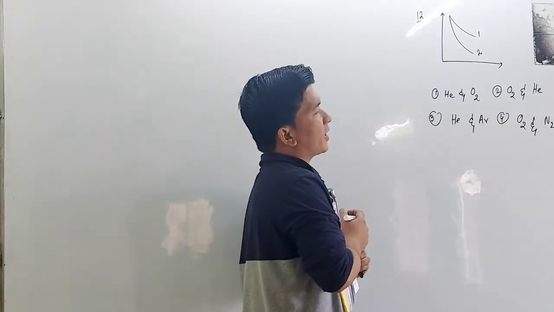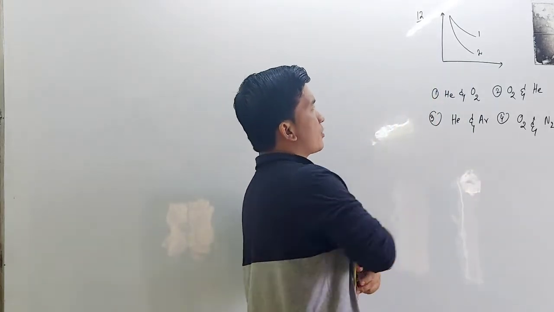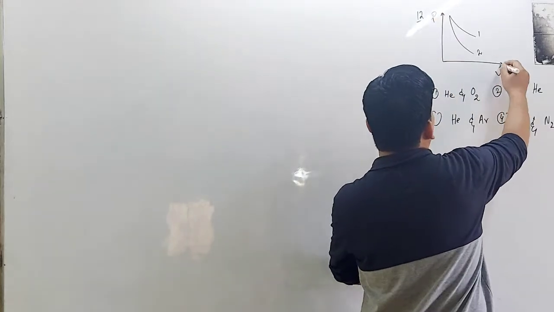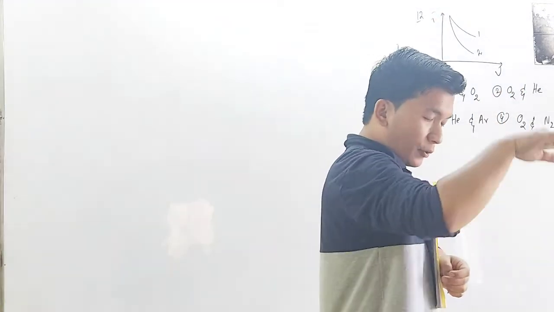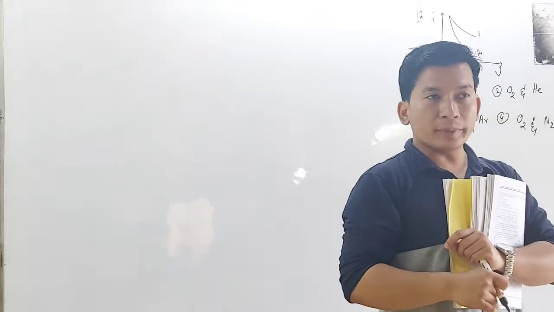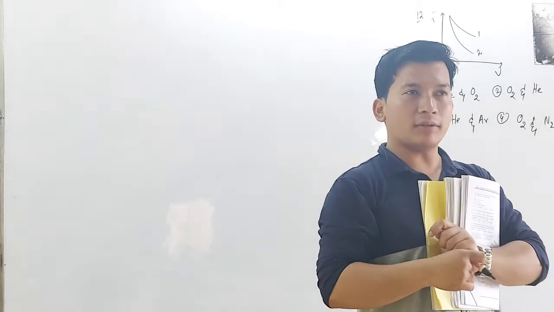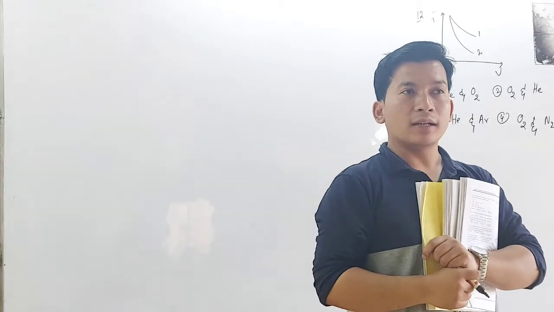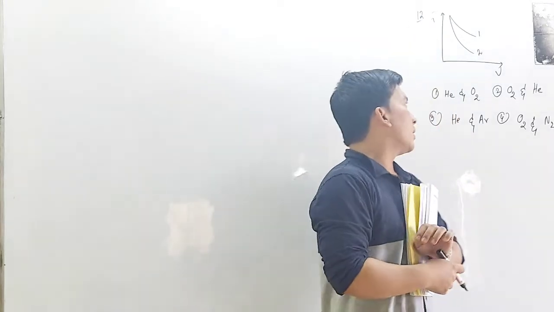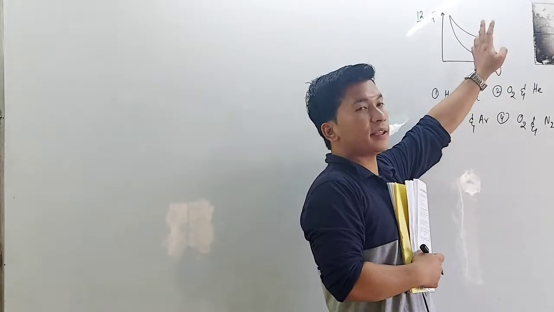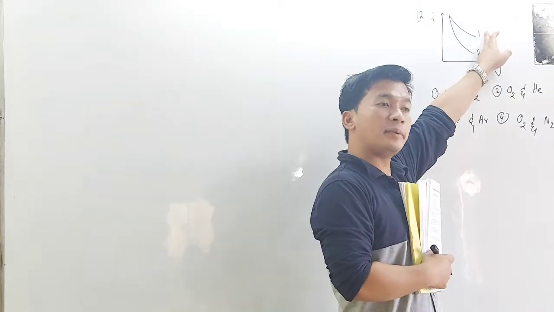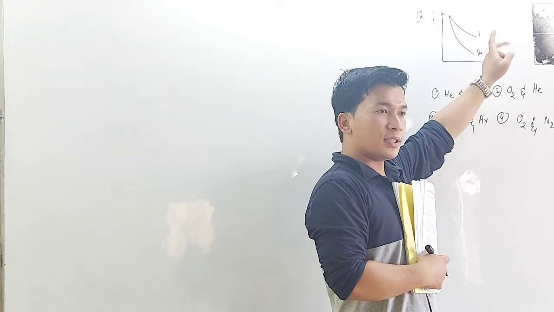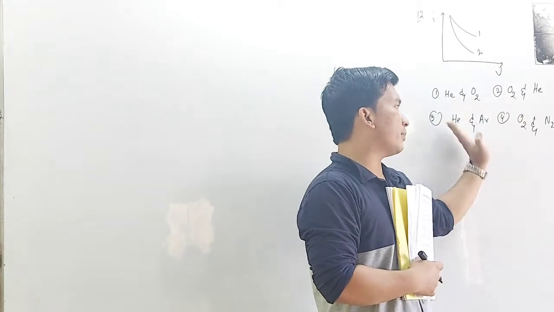This is pressure, this is volume. We know that the lowest one will be for monoatomic. Lowest one monoatomic, upper one will be for diatomic and triatomic. Out of the given options, we check these values.